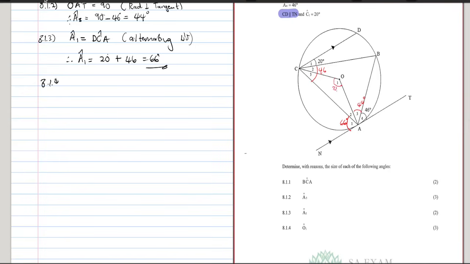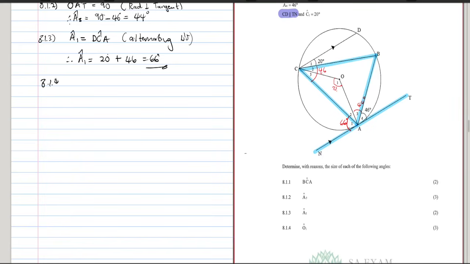All right, maybe a bit of highlighting here. This is a tangent, yes? That tangent in relation to this shape, which is the triangle inside the cyclic quad, the triangle inside the circle.